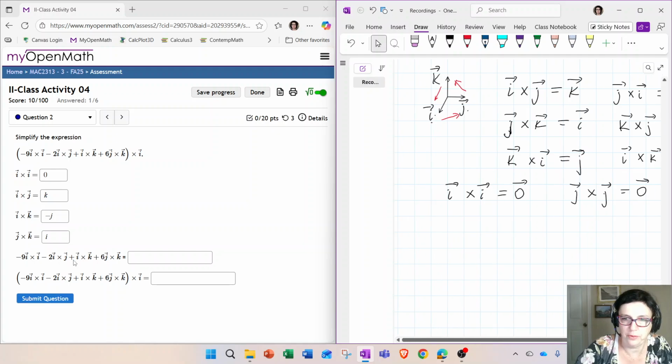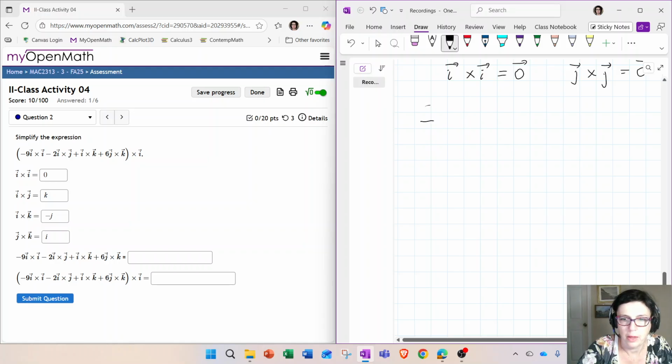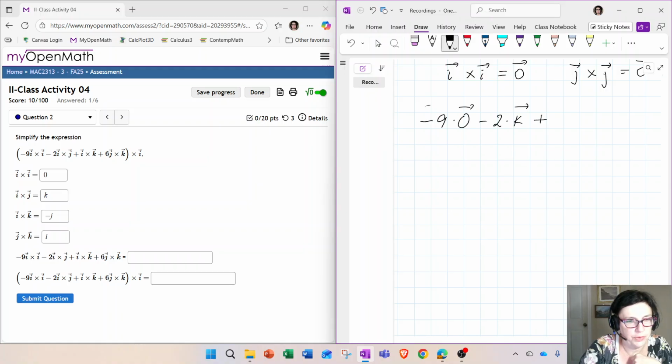So let's see if we can figure this one out. So we have negative 9 multiplied by i cross i. Well, that's 0. Minus 2 multiplied by i cross j, that's k, plus i cross k, well, that was negative j, and then plus 6 j cross k, that's i.